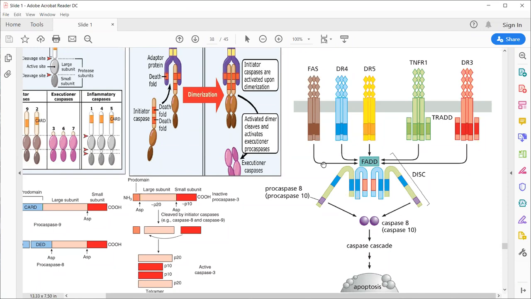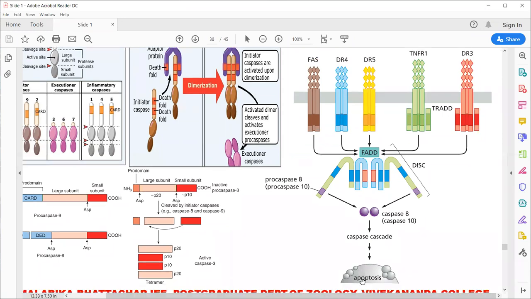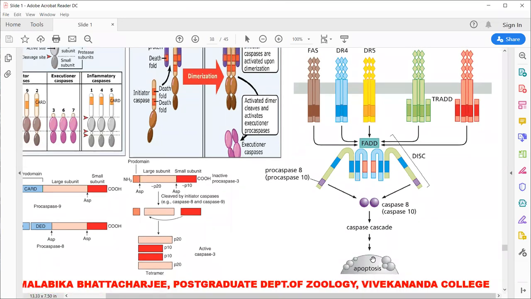Within this complex, the procaspase 8 is catalytically cleaved to produce the active caspase 8, which then further cleaves the downstream executioner caspase, mainly caspase 3, which then translocates from the cytoplasm into the nucleoplasm to cleave the ICAD from the caspase activated DNase.